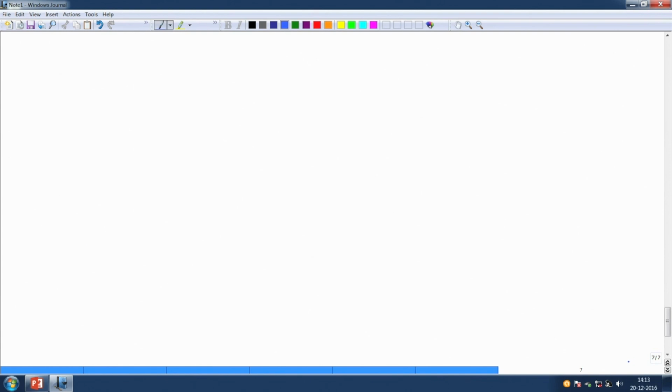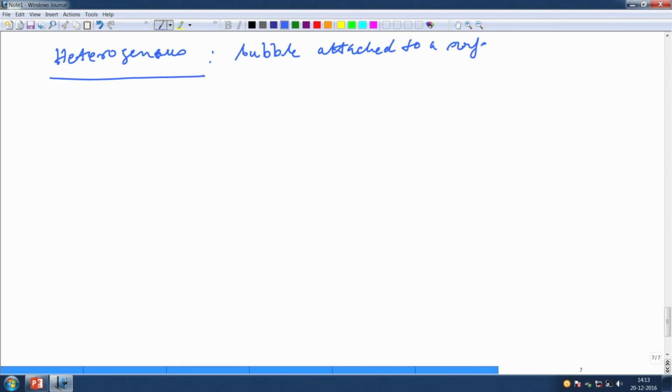Now, in the case of heterogeneous bubble growth, this is attached with a surface, right, bubble attached to a surface. So, now, the vapor bubbles attached to a heated surface, basically the growth occurs in a non-uniform temperature field, to say the least.